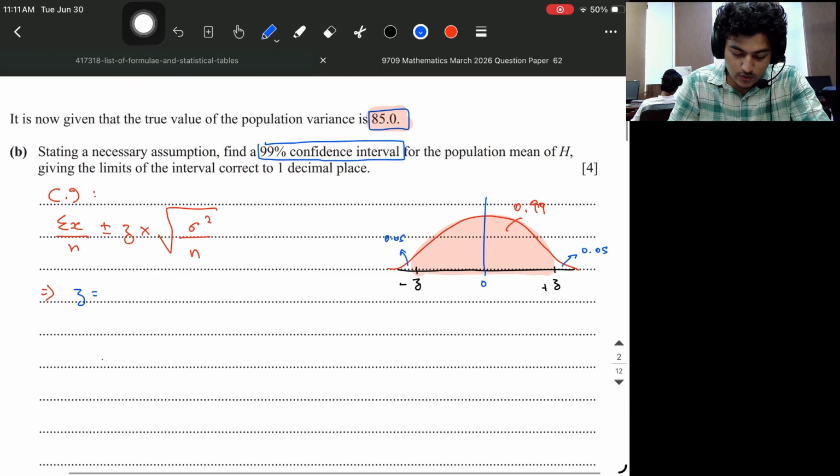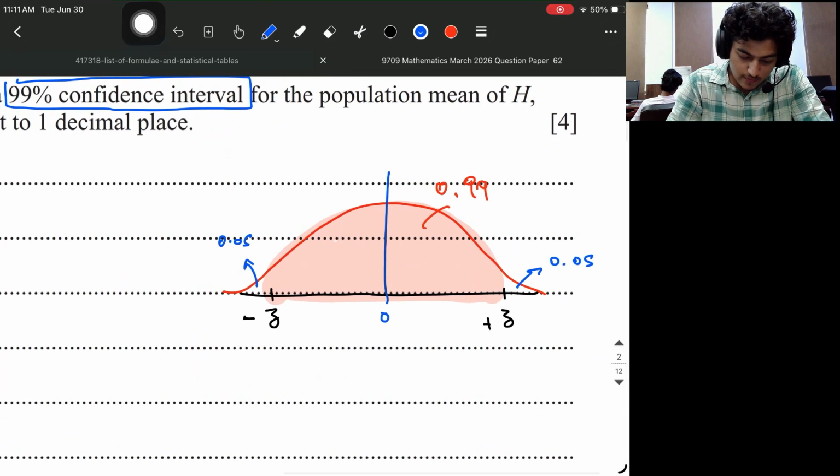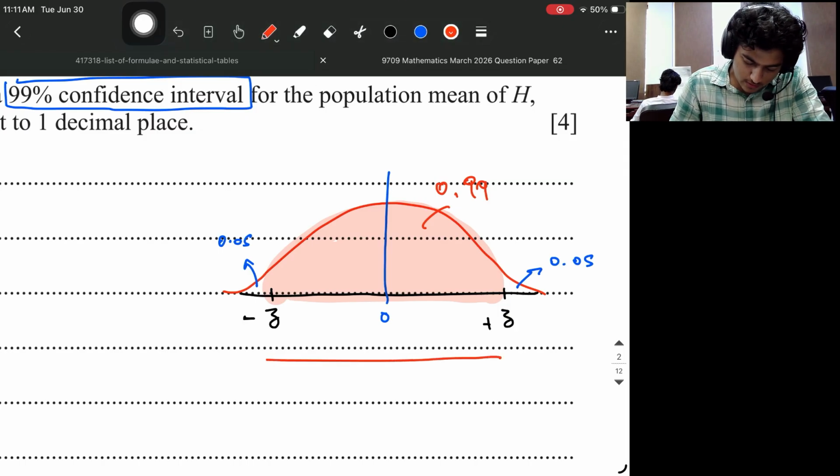Always remember that whenever we are finding the z value, we find it towards the left of the value. So whatever probability we get is towards the left-hand side, and that is basically 0.99 plus 0.05.